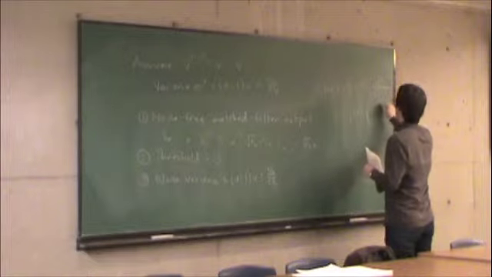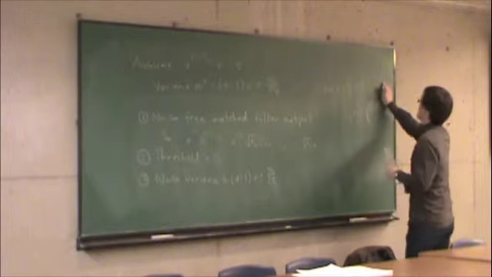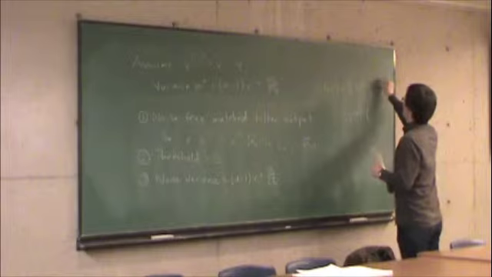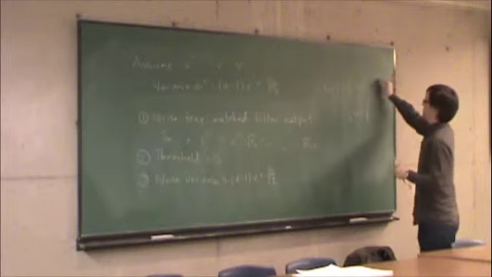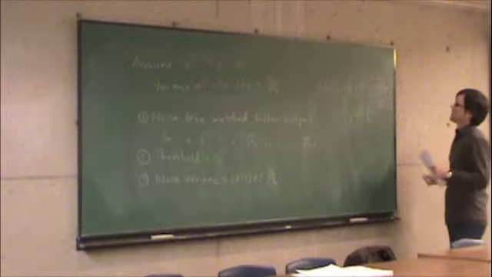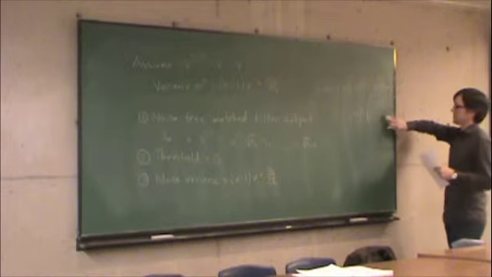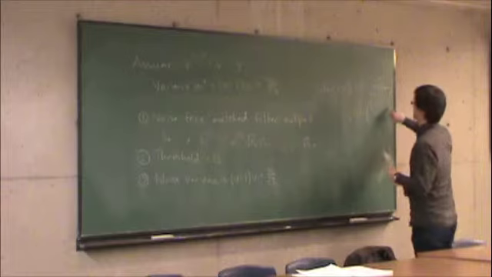Actually, let me back up. It's erfc of the noise-free filter output when the bit is 0. That's what the expression is. S0 over root 2 sigma squared, which is 1/2 erfc.